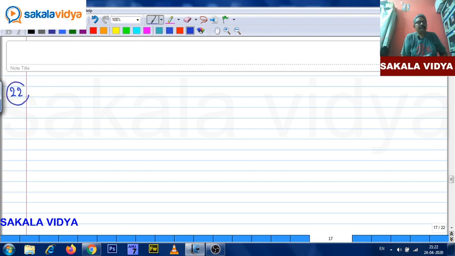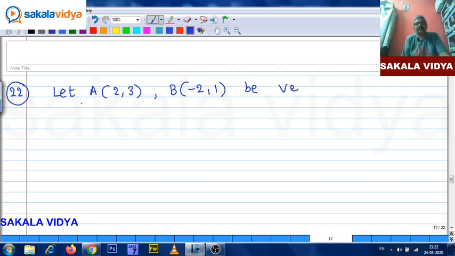Second problem. Let A(2,3), B(-2,1) be vertices of a triangle ABC.